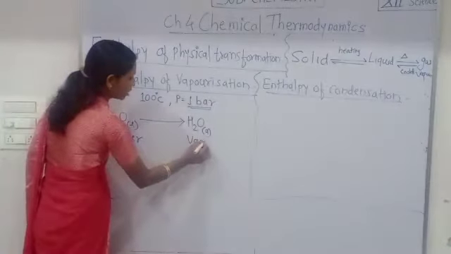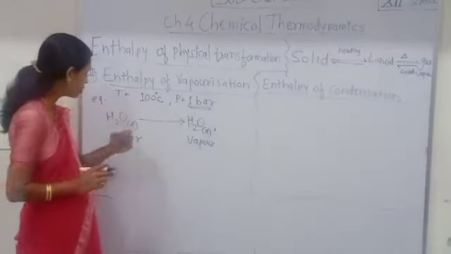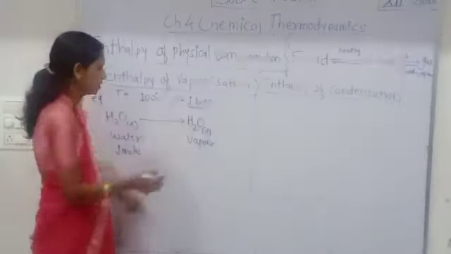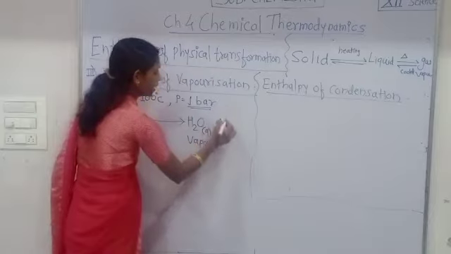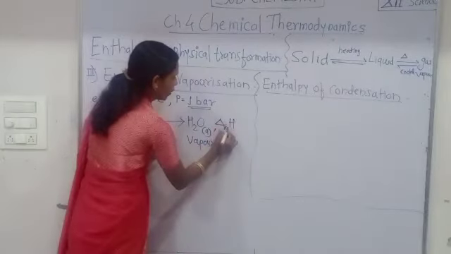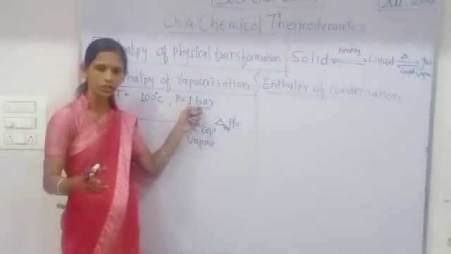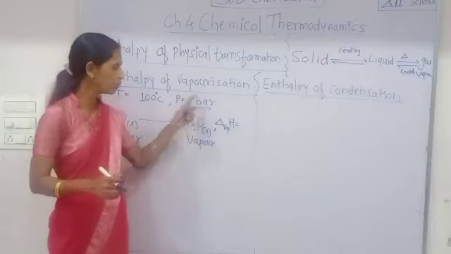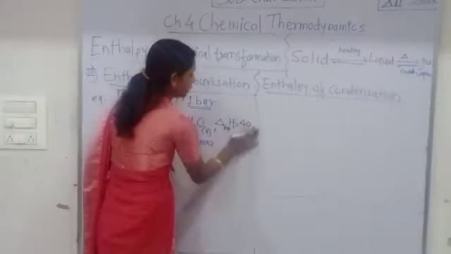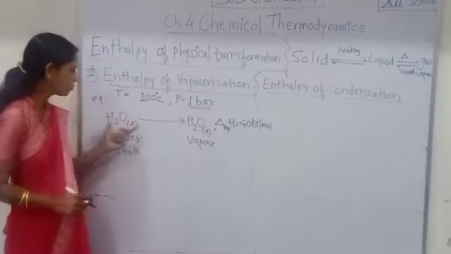The heat absorbed by 1 mole of water to convert it into vapors is the enthalpy of vaporization at 100 degree Celsius and 1 bar pressure, and that enthalpy change is about 40 kilojoule per mole, the enthalpy of vaporization of water.